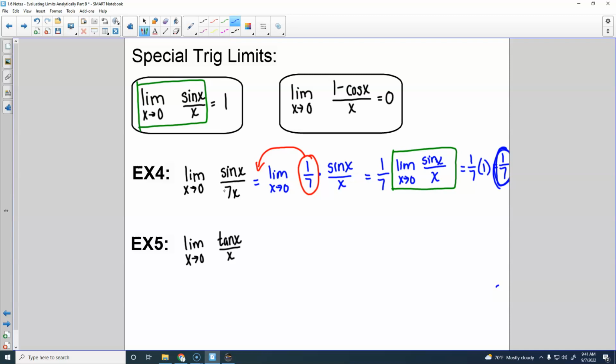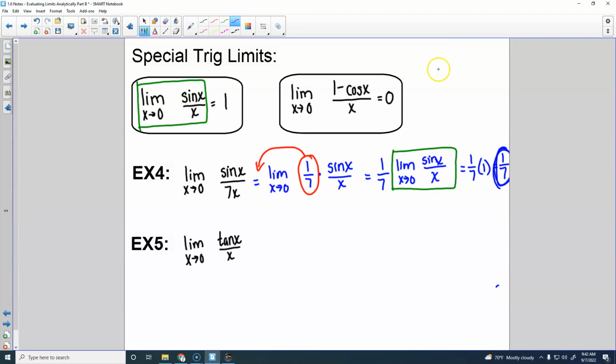All right, example 5. Now that's talking about tangent. Either one of these special trig limits have tangent in them? They do not. So it's probably not going to help me to have tangent here. How can I get rid of tangent? Okay, I need to change it to sines and cosines.